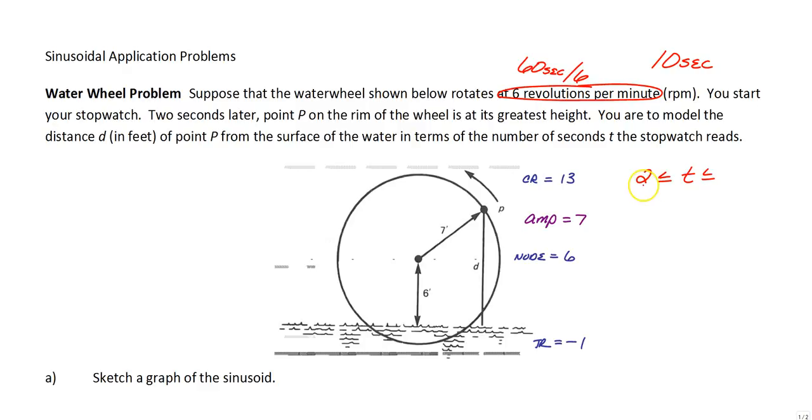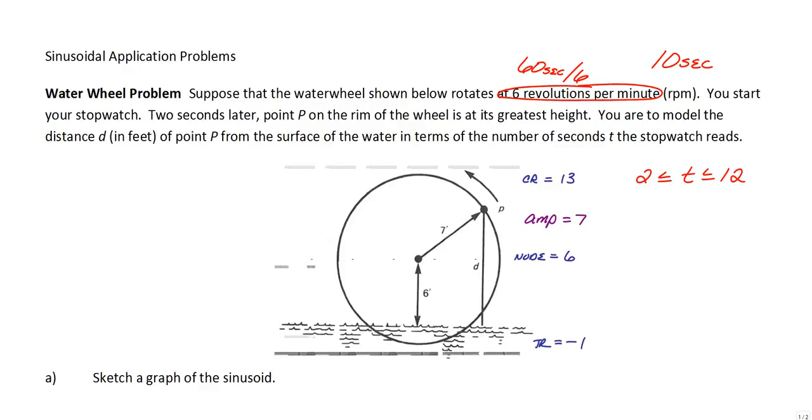So if we start at 2 seconds, 10 seconds later, we are back at the top at 12 seconds. Okay, now pause and wrap your head around that. 2 seconds later, we're at the top. 10 seconds after that, we're going to be back at the top. That's why we go from 2 to 12.